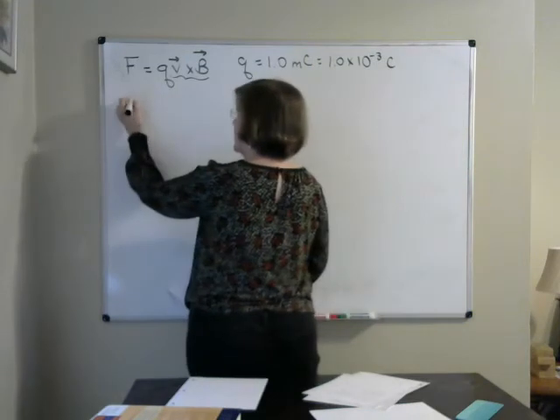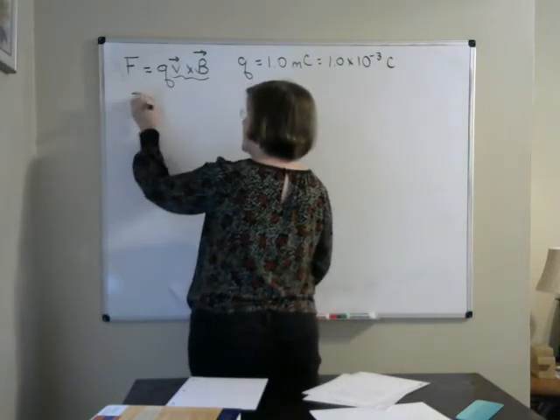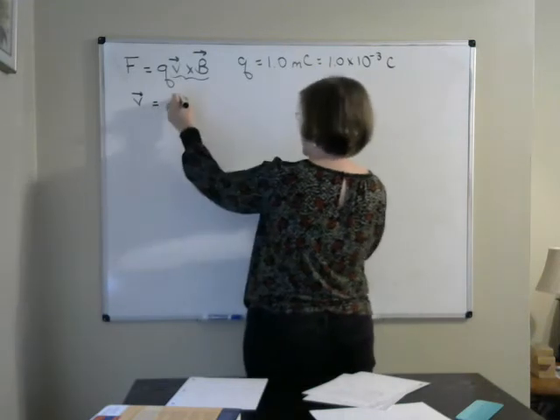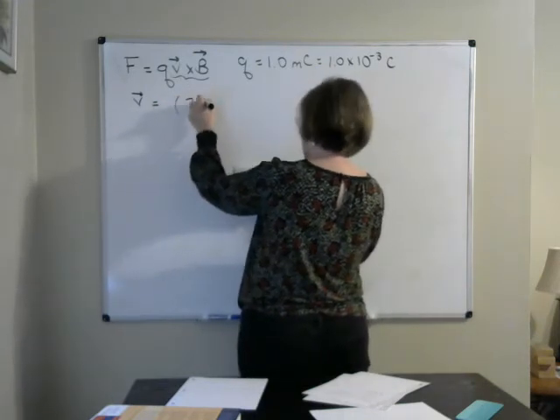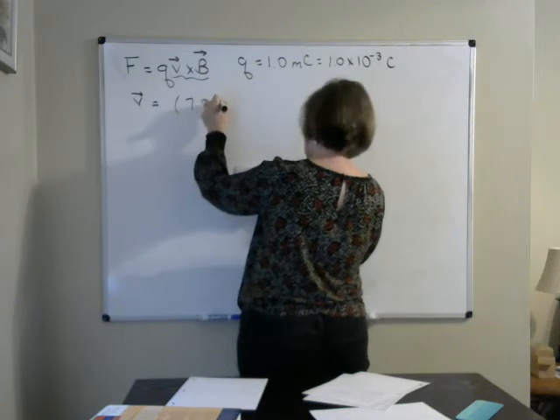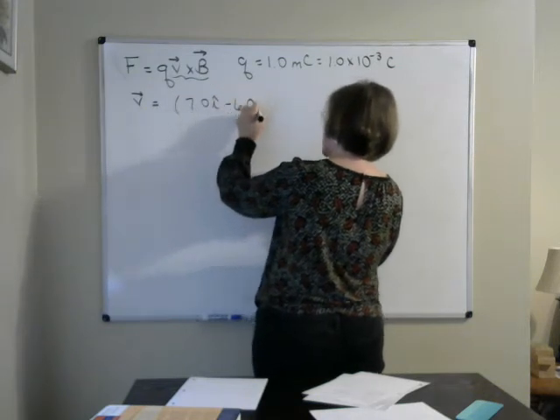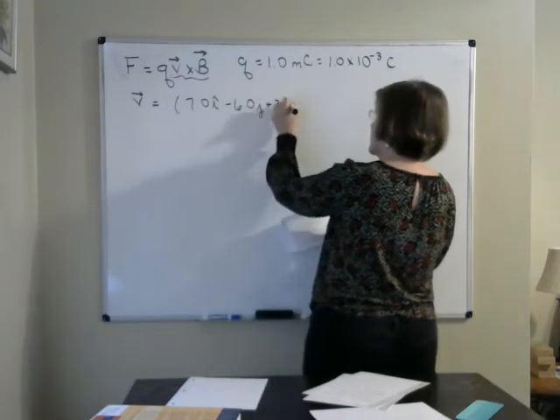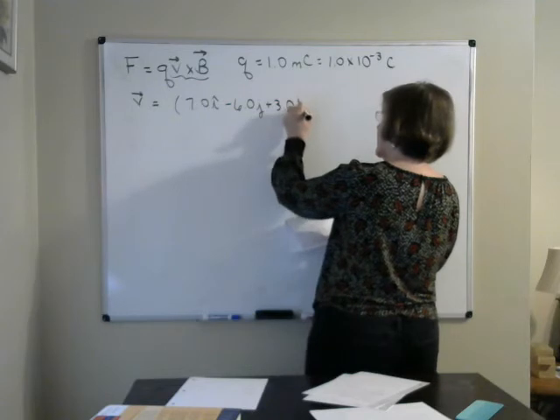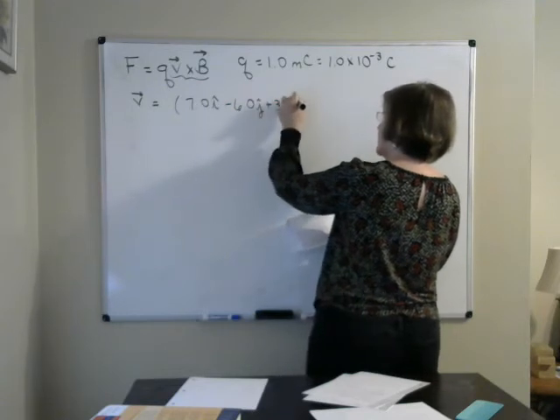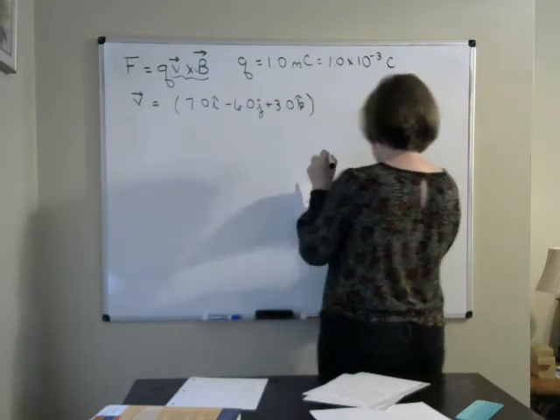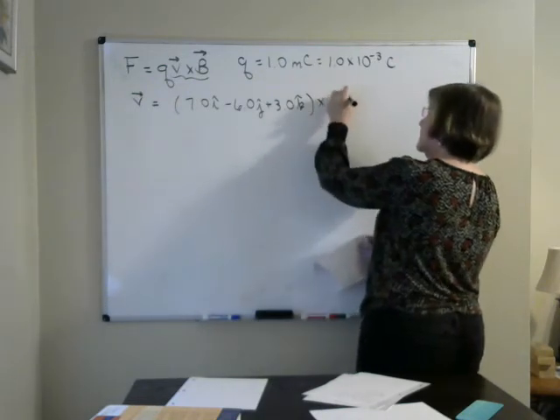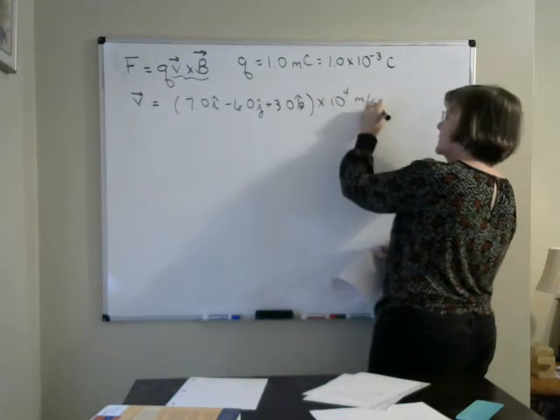And they tell us that the velocity of this particle is given by a vector. It is 7.0 I minus 6.0 J plus 3.0 K, times 10 to the 4th meters per second.